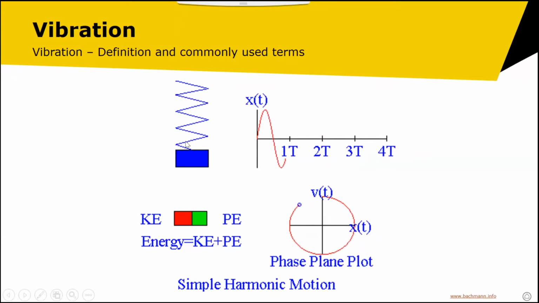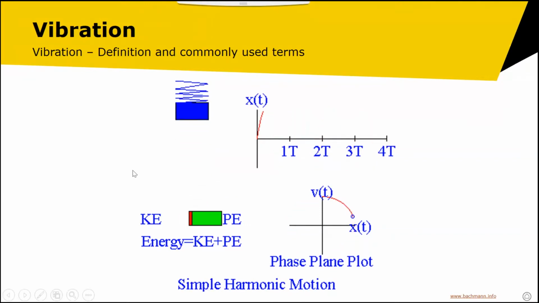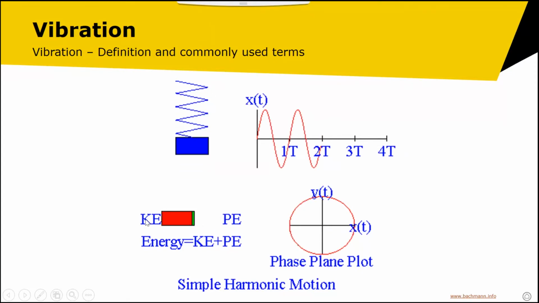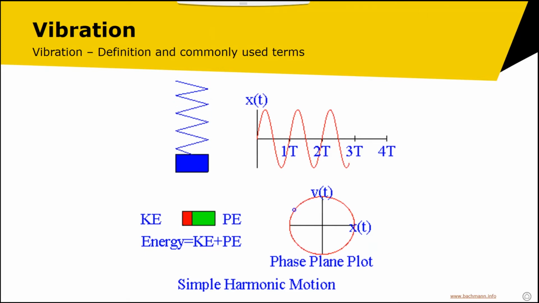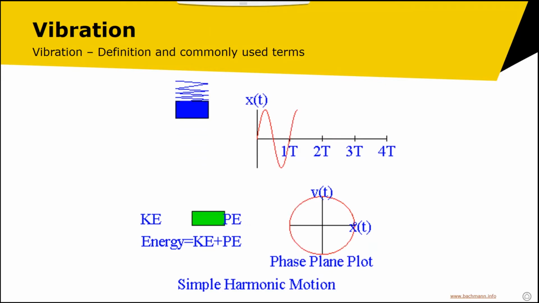So when the displacement is at one extreme, the acceleration is at its maximum, pulling the mass back in the other direction. And what we have is this whole cycle between kinetic energy and potential energy, the potential energy in the spring, the kinetic energy from the movement of the mass. And these oscillate between one another, providing a vibration.